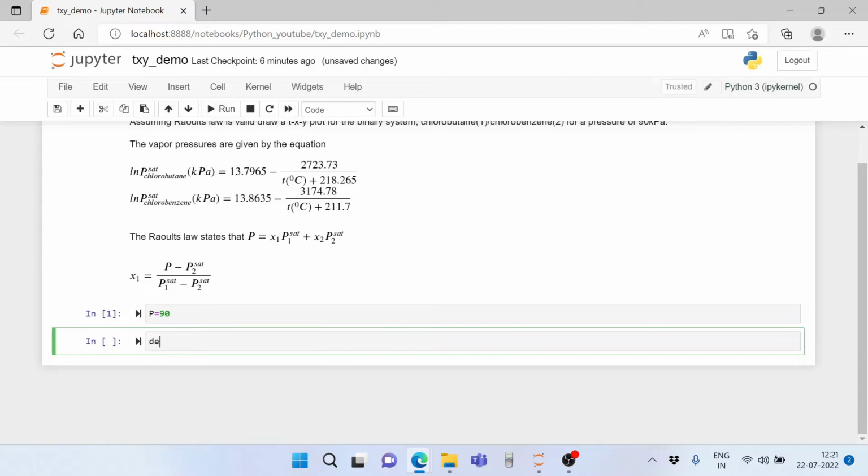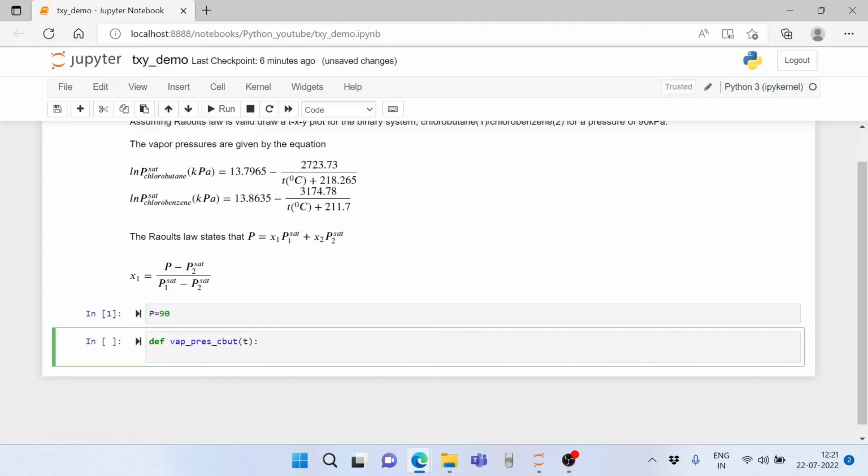So def VAPPRES CBUT, that is that of chlorobutane. The input variable here is the temperature, and the RHS of the equation is going to be 13.7965 minus 2723.73 divided by T minus 218.265.